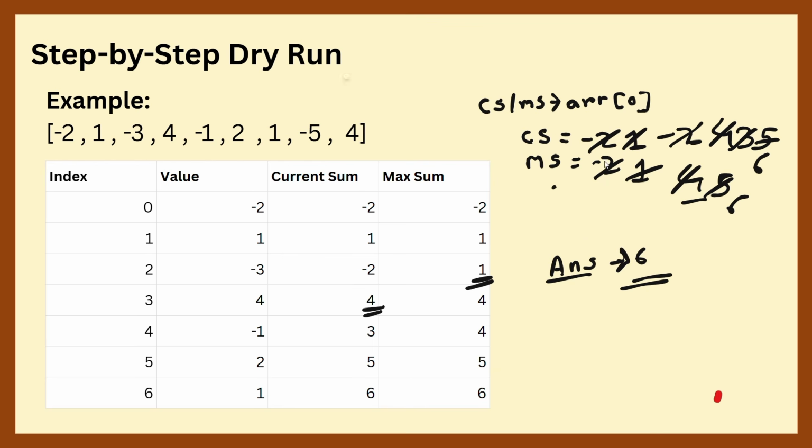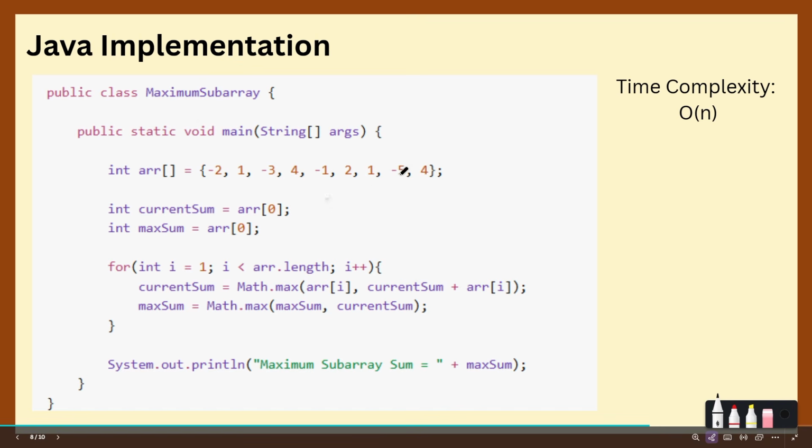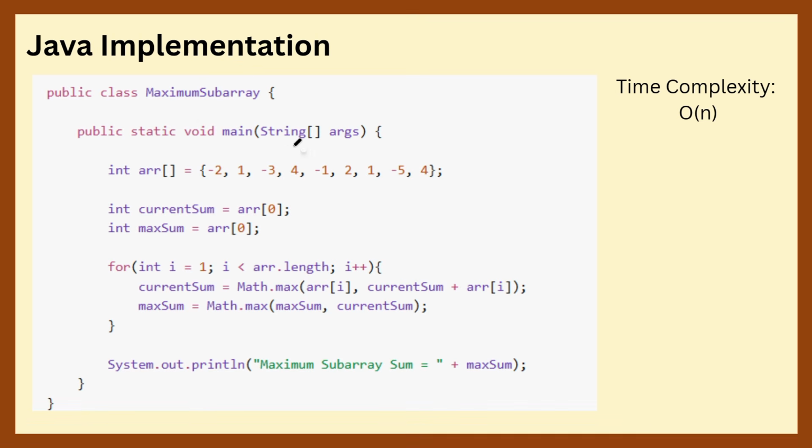Now let's see the code implementation of Kadane's algorithm. Here we take this array, current sum is arr of 0, that is minus 2, and maximum sum is also minus 2.